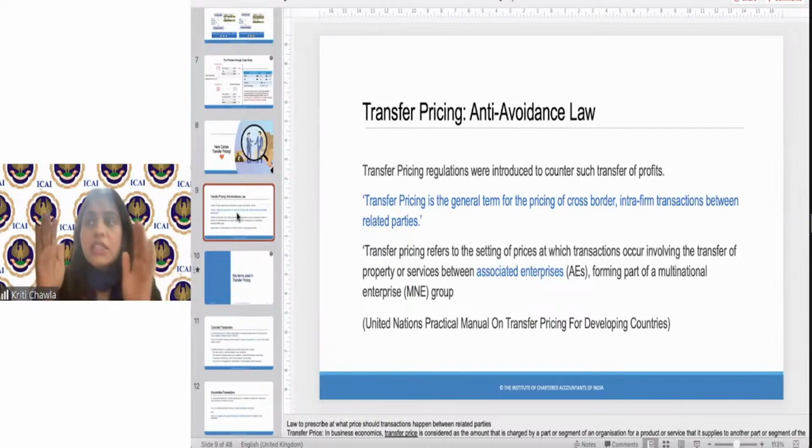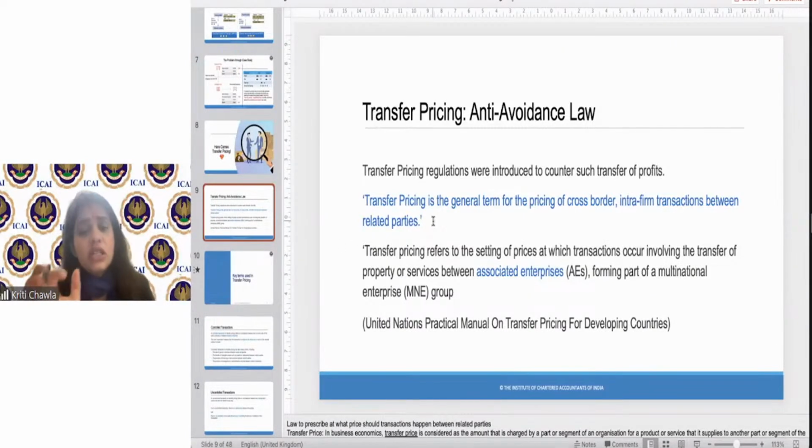So this is the law in place to make sure that related party transactions also happen at a price at which independent parties are transacting. Hence transfer pricing, they say, is the general term for pricing of cross-border intra-firm transactions between related parties. So you have to make sure that it is a cross-border transaction.